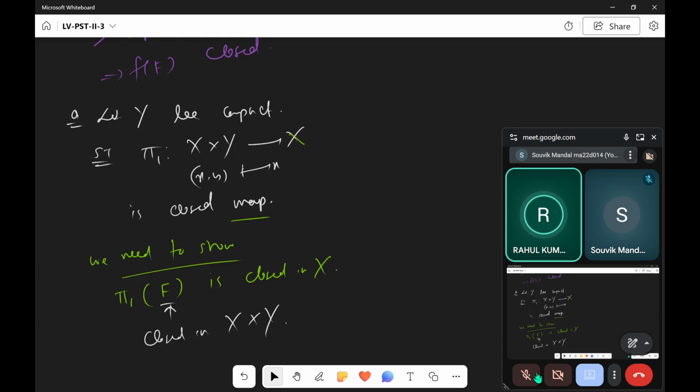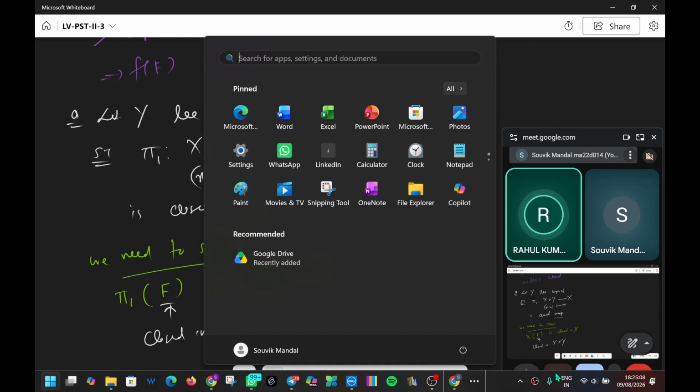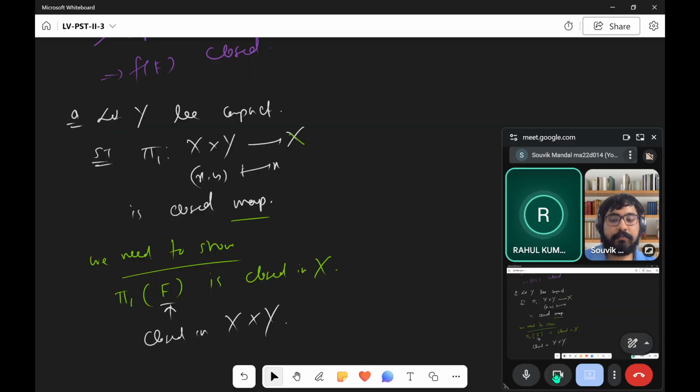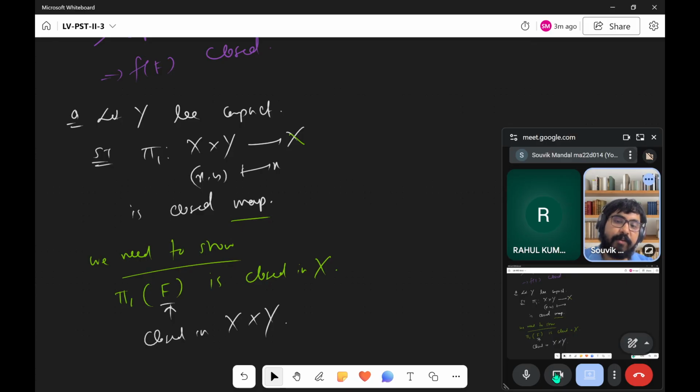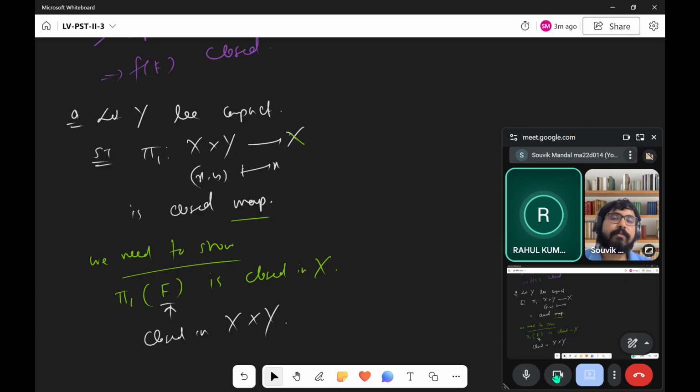Can we do like this? As F is a closed set in X cross Y, we have to show pi 1 of F is closed in X. So we take a sequence x_n in F. So are you going to give a sequential argument? Yes, sir. But a sequential argument is valid in metric spaces only, right?